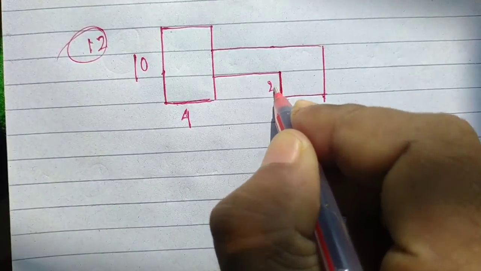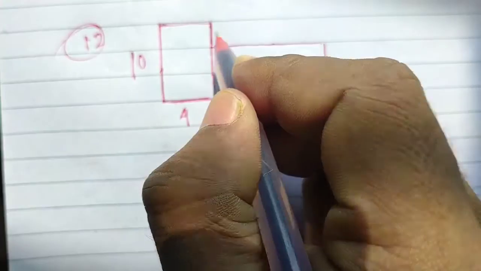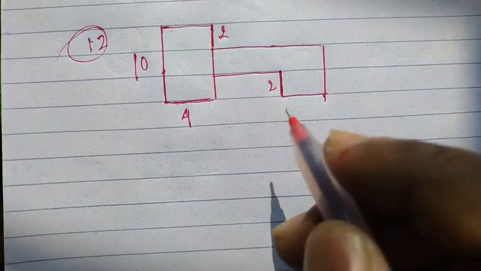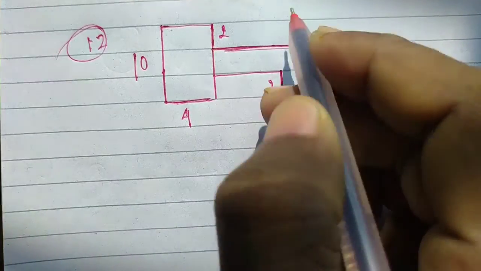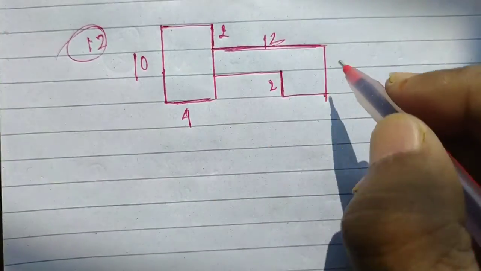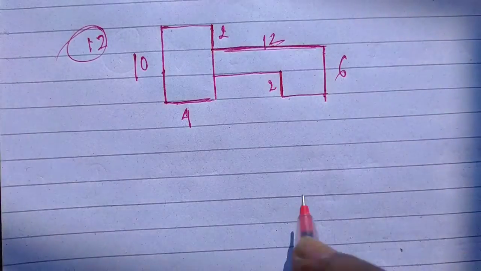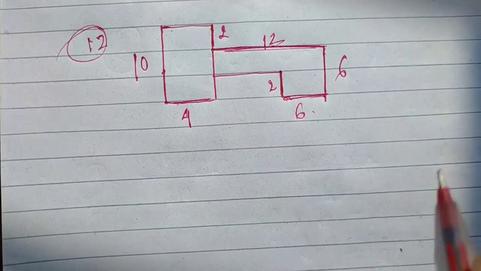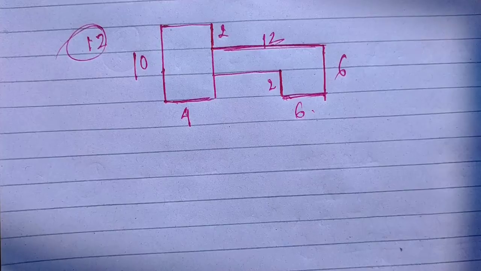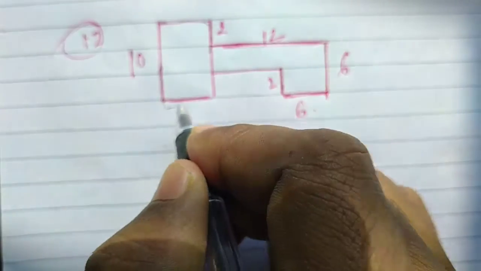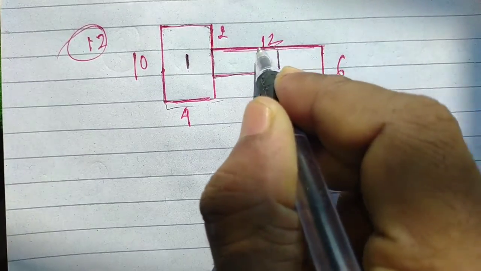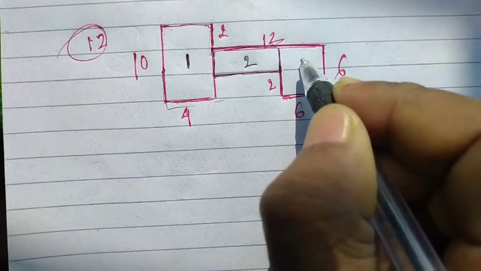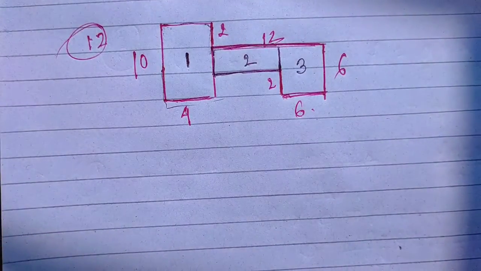This length is 2 centimeter and this length also 2 centimeter and this is total 12 centimeter, and here this 6 centimeter, and this is also 6 centimeter. So just try to divide the shape into different parts. Think that this is figure number 1, this is figure number 2, and this is 3.